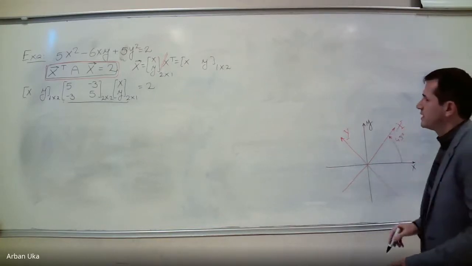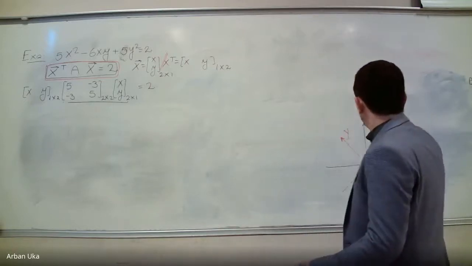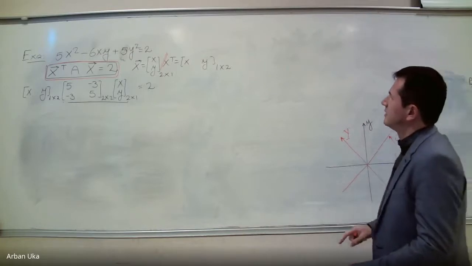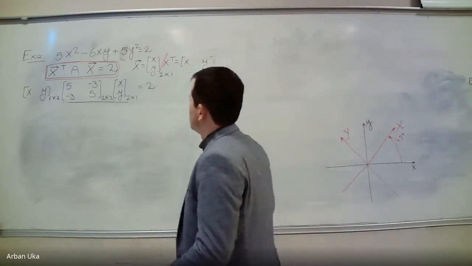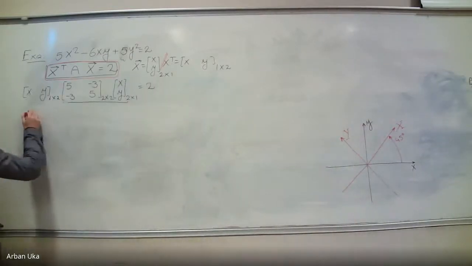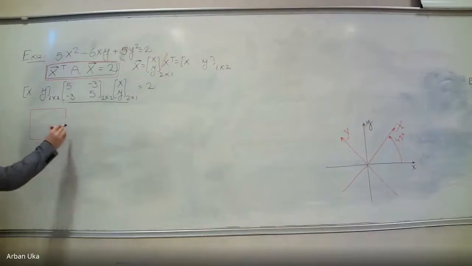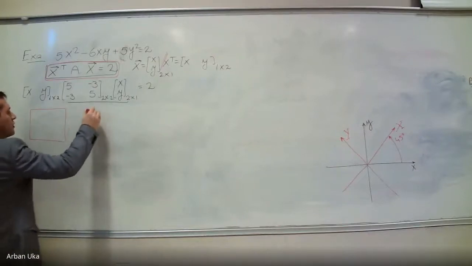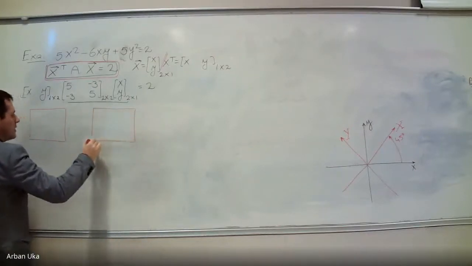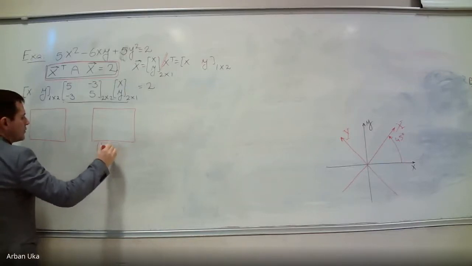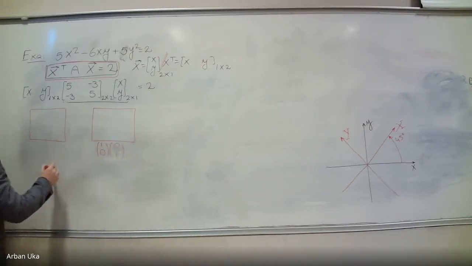So what is a matrix which rotates the axis by 45 degrees? What is it? Cosine pi over 4, minus sine pi over 4, sine pi over 4, cosine pi over 4. That is true. So let's assume for a moment that we are in a standard basis where the basis elements are 1, 0, 0, 1.